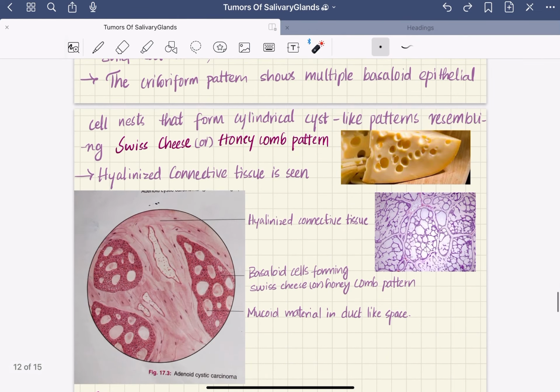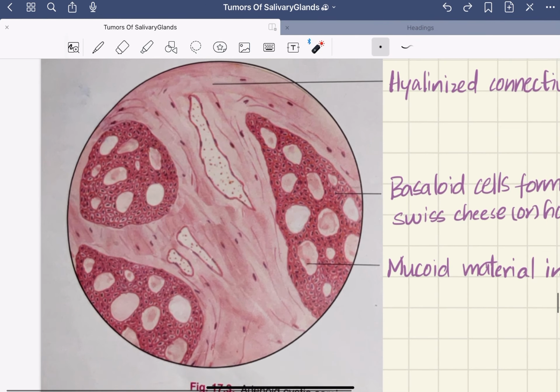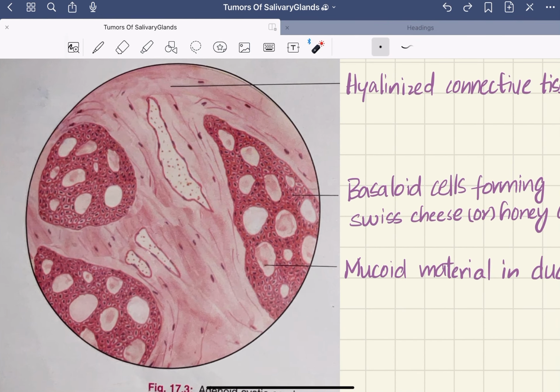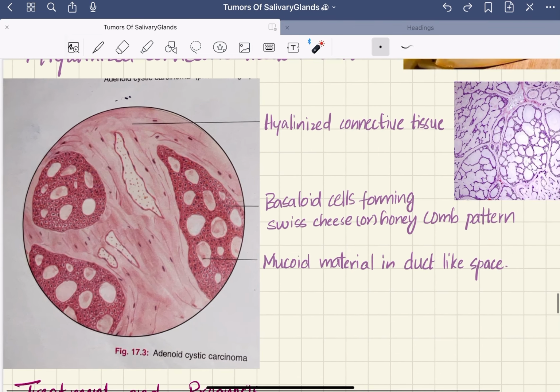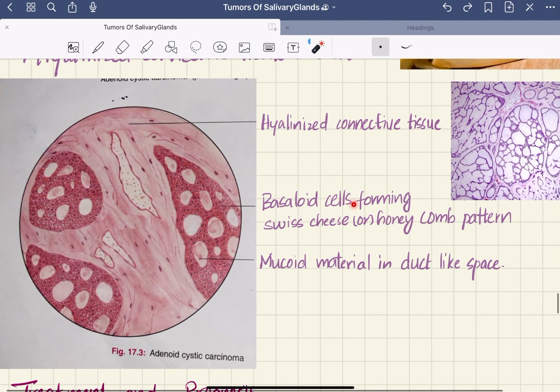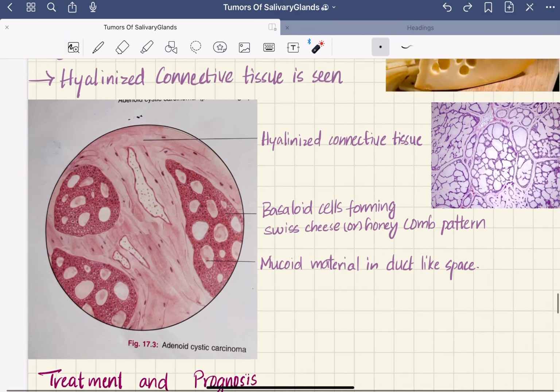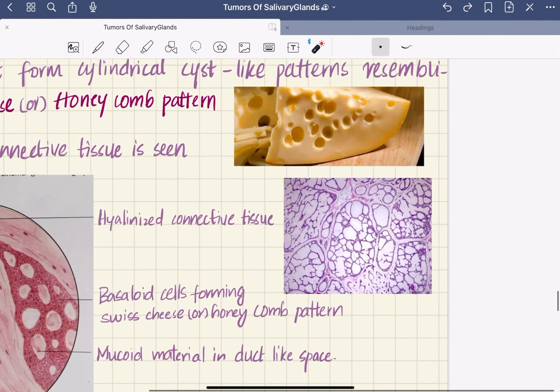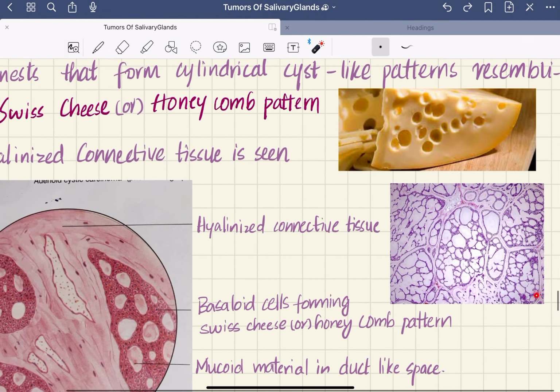So we can see the histological features of adenoid cystic carcinoma. Here, these are the basaloid cells, they form a Swiss cheese or honeycomb pattern. These are hyalinized connective tissue, and this is mucoid material in a duct-like space. This is the microscopic feature of adenoid cystic carcinoma, and this is the Swiss cheese like appearance.